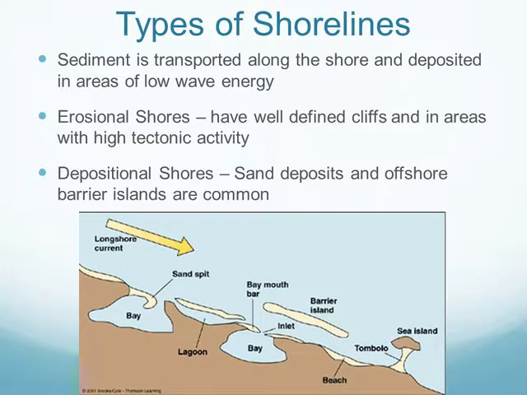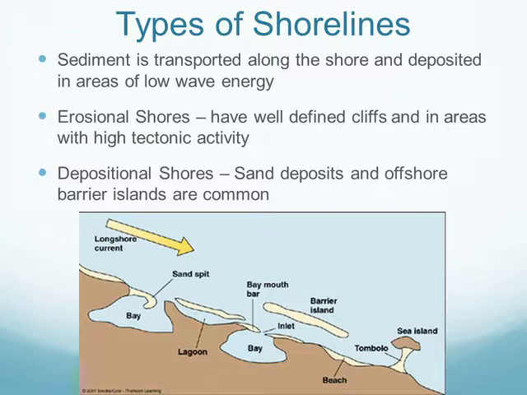Okay, so there are two main types of shorelines that you can have along a coastline, and depending on the amount of wave energy found along that shoreline will determine whether you have erosional shores or depositional shores.